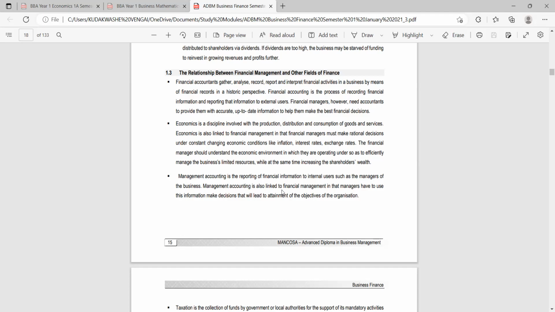And then what is the relationship between the business and the macroeconomic factors such as inflation, interest rates, and exchange rate? How are we being affected whenever the South African Reserve Bank increases the interest rate, whenever the inflation rate of South Africa increases, and when the rand is fluctuating up and down, how does that affect us as a business, right? So that's how economics relates to financial management, right? And then the next one.